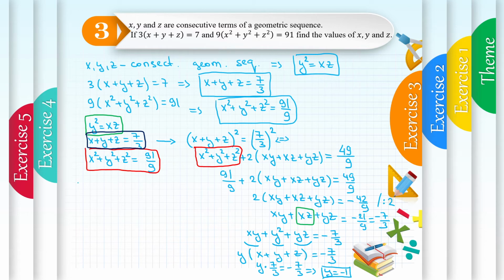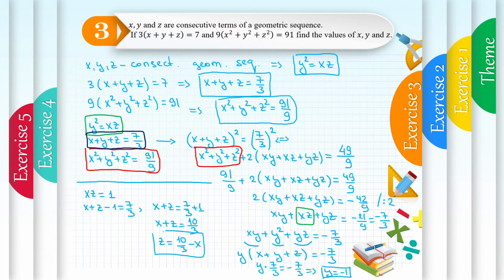Going back to our simultaneous equations, we'll have that x times z being equal to y squared, and now y being equal to minus 1, it will be equal to 1, and x plus z plus y, substituting y by minus 1, is equal to 7 over 3, or x plus z is equal to 7 over 3 plus 1, or x plus z is equal to 10 over 3, from which we can write that z is equal to 10 over 3 minus x.